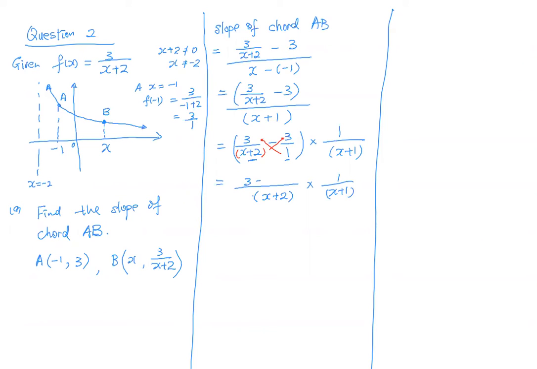Take away 3 times what? 3 times X plus 2. Okay, now expand, simplify. So very important, please bracket up.